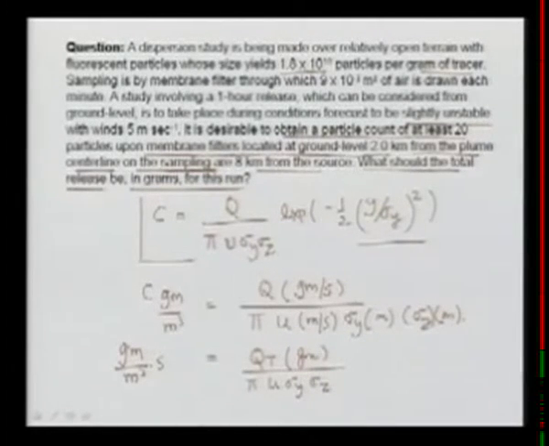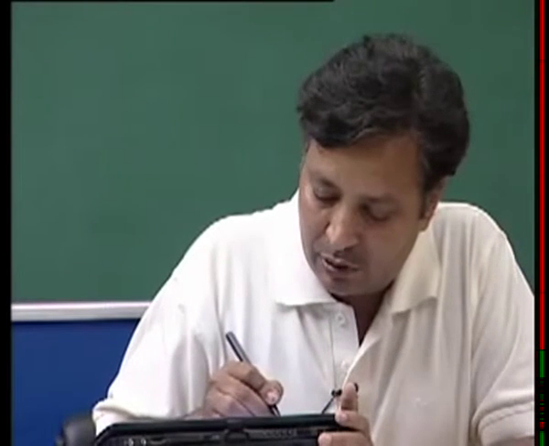Okay. So I need to find out this quantity. I need the unit grams per second per meter cube, that was my Q_T. So only the mass, that's a gram.